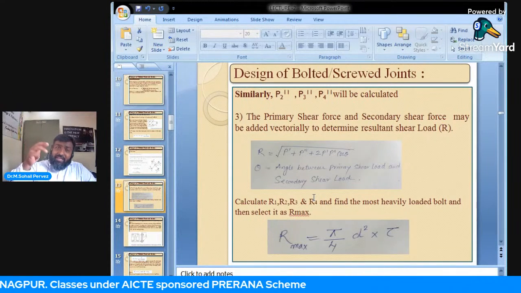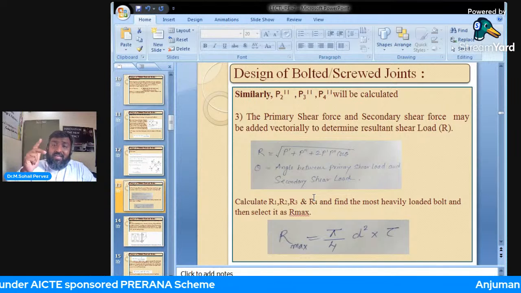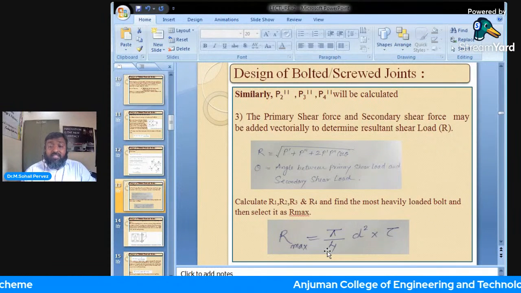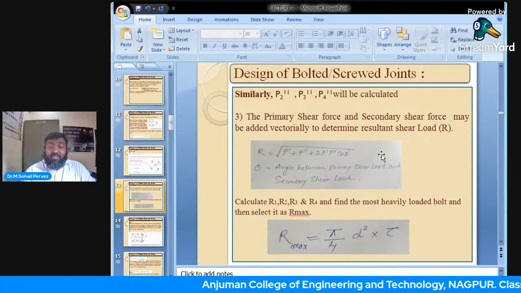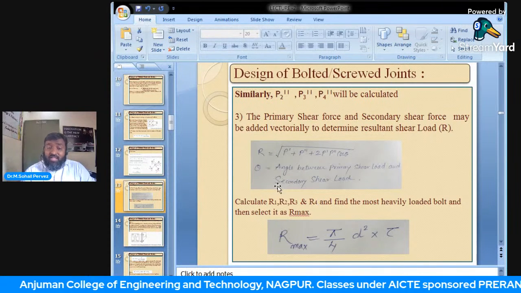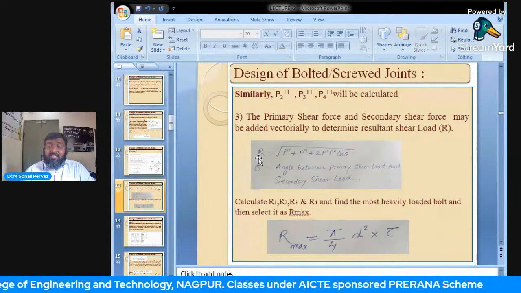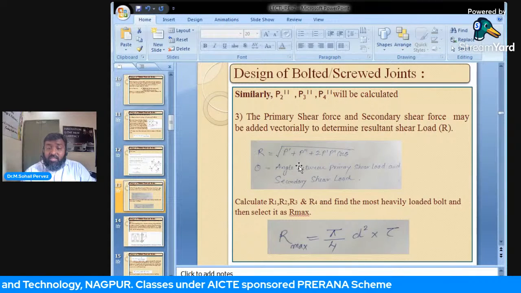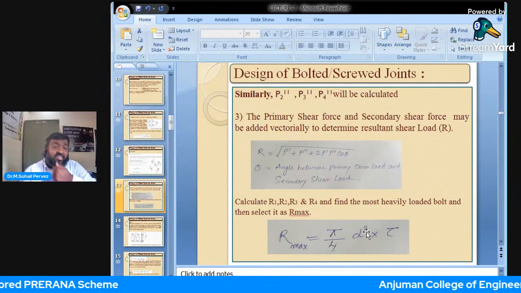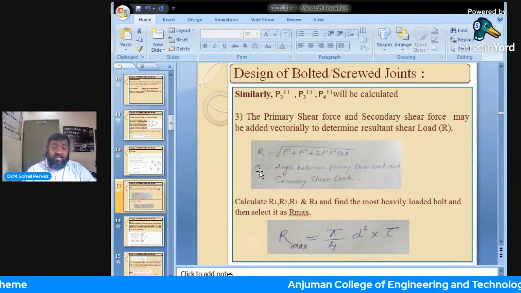Now since primary is also shear, secondary is also shear, we'll add these. But their addition would be according to vectorial notation. Hence, the resultant shear force would be the addition of primary and secondary along with the angle subtended between the primary load and secondary shear load, that is theta.